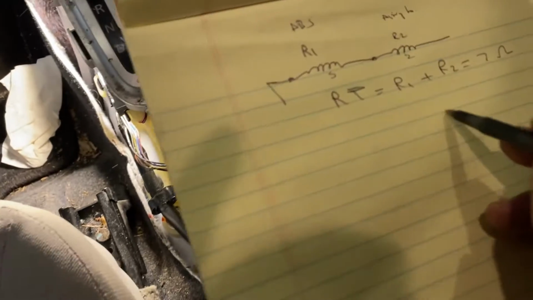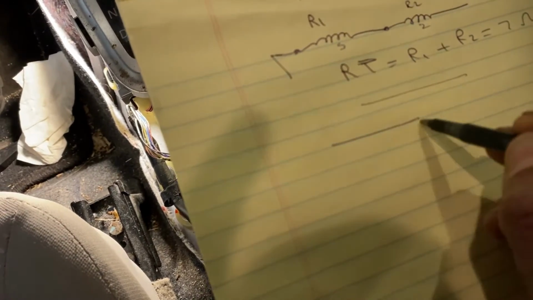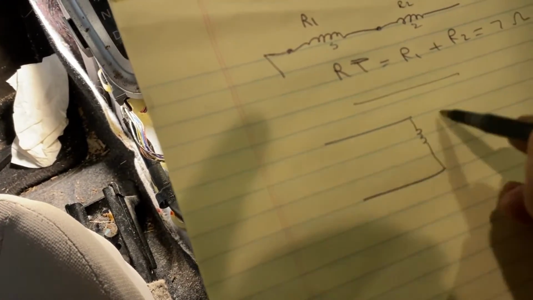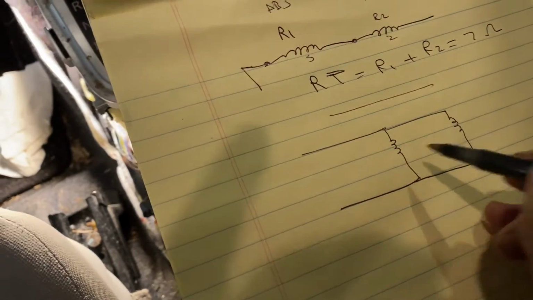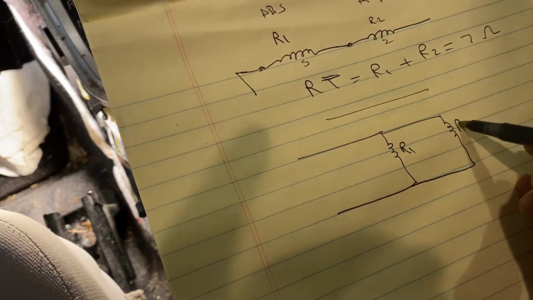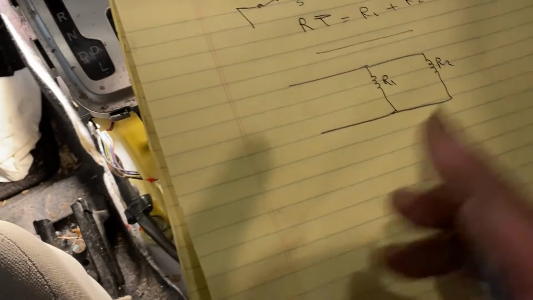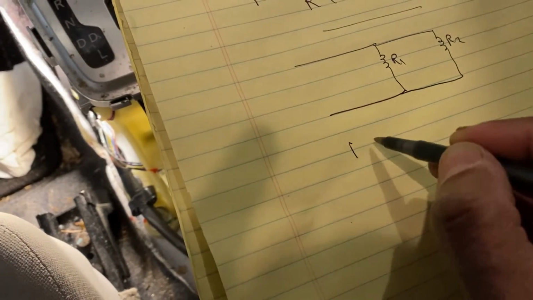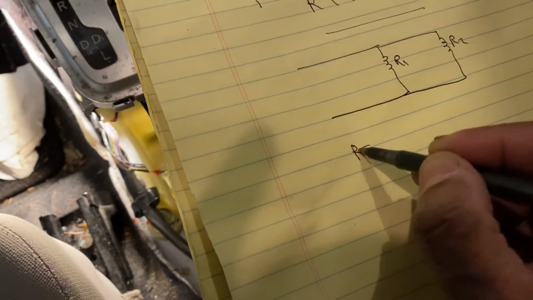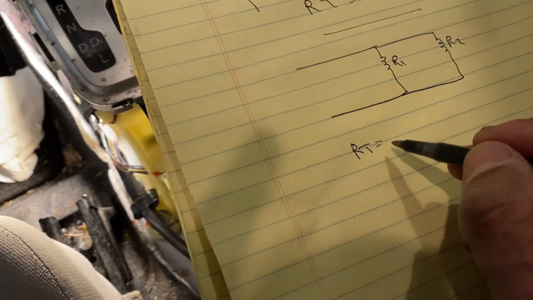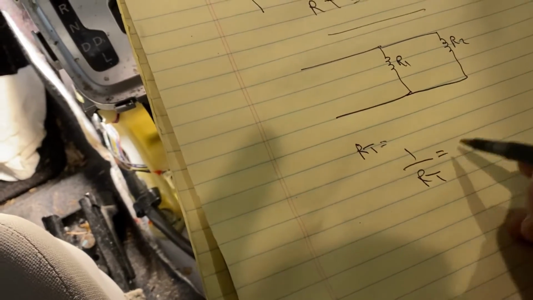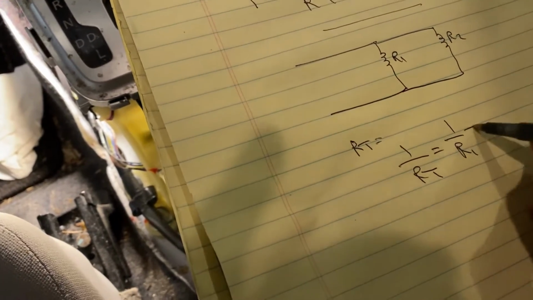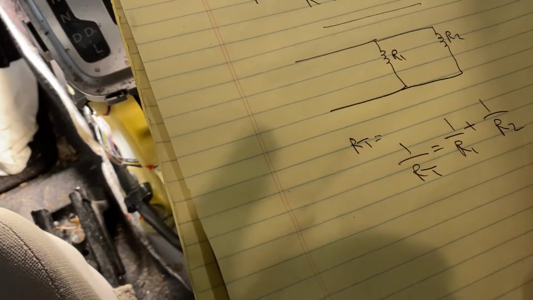In our case, the CAN bus is in parallel, like that. So R1 and R2. R total in this case is: 1 over R total equals 1 over R1 plus 1 over R2.